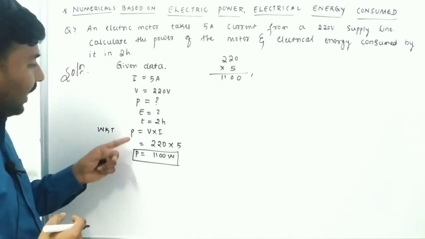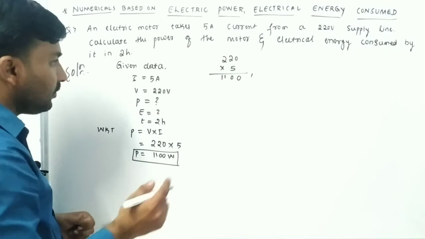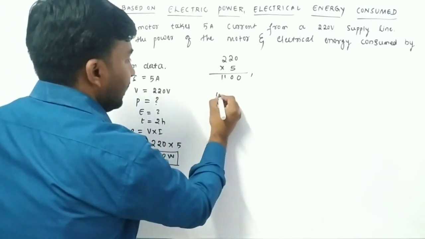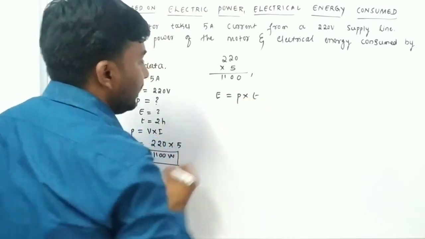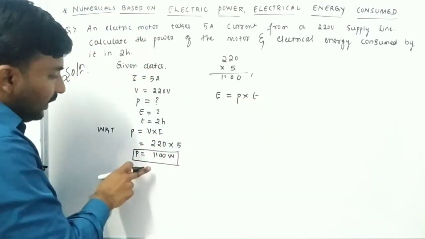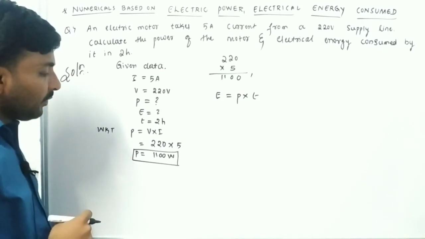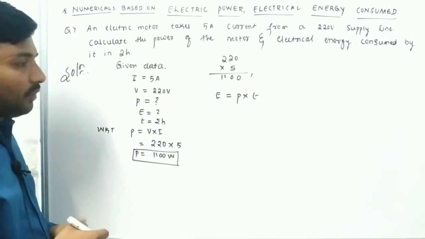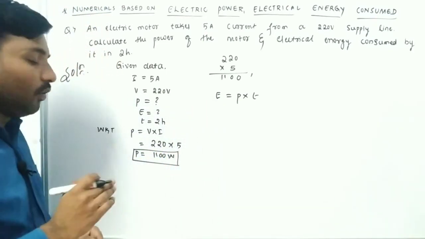So next we have to calculate the energy consumed by the motor. We know that E is equal to P into T. Now look here, we have the P value in watt. Convert this watt into kilowatt, because energy consumption is always calculated in kilowatt.